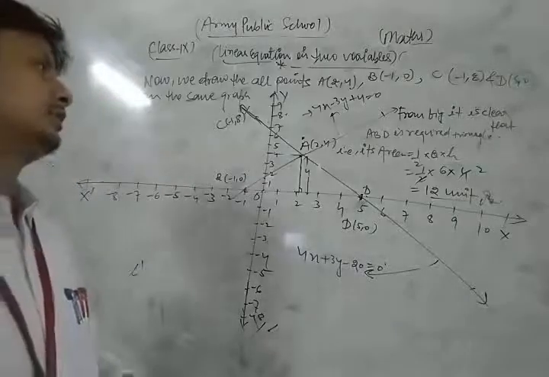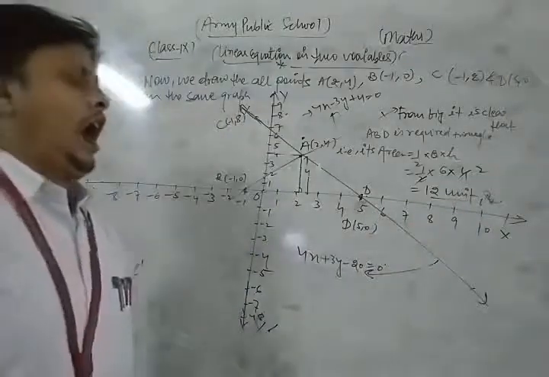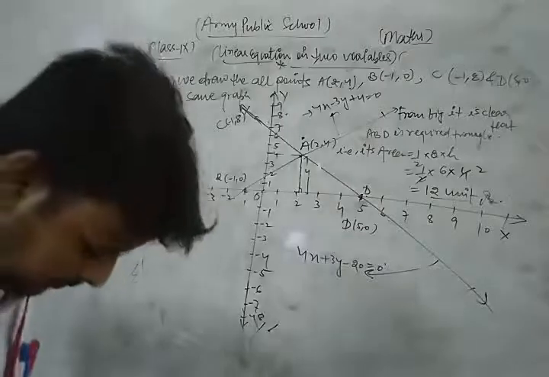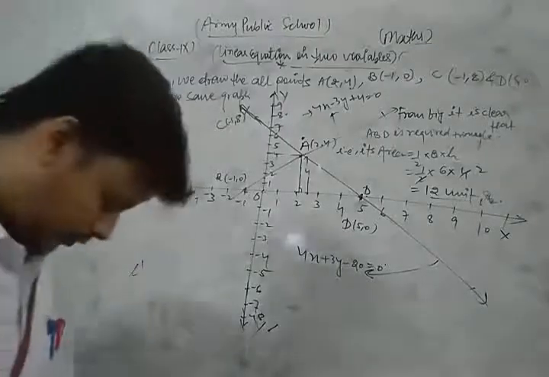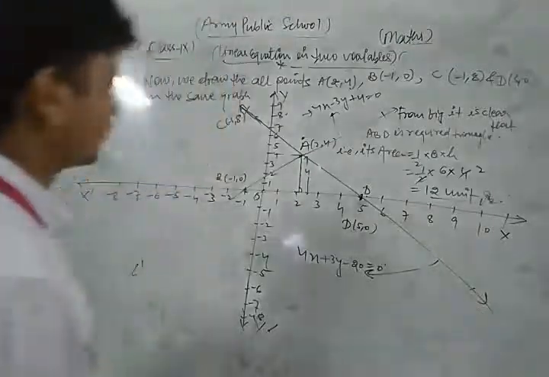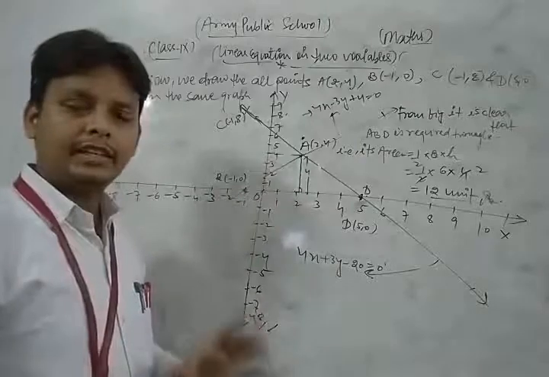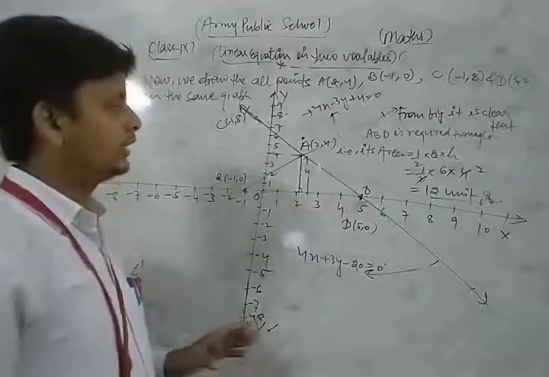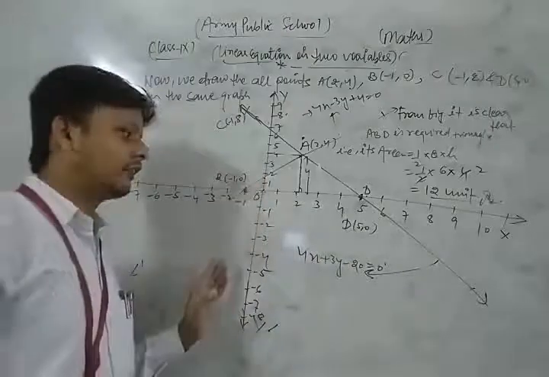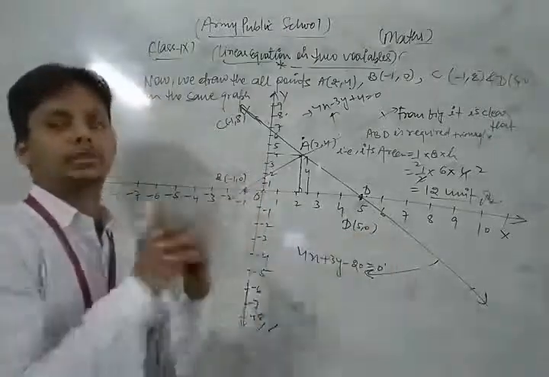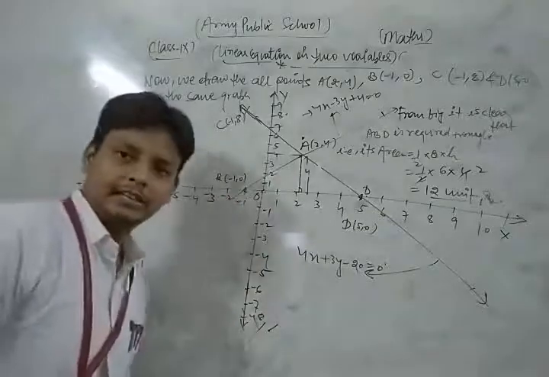Let's see once more, dear friends. Look here, we find the area of the triangle included between these lines with the x-axis. So first of all, we draw the graph of each line.